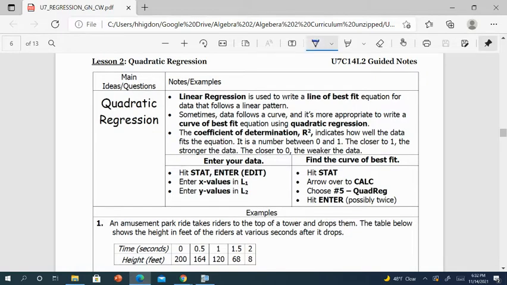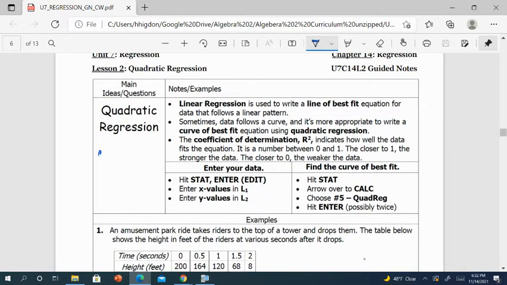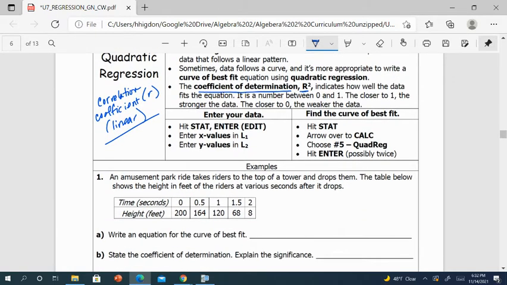So the correlation coefficient, which is just plain R, is linear in nature. But the coefficient of determination is the r squared the calculator is going to spit out. The r squared we use for any curves of regression, so anything that has a curve in it: quadratic, cubic, quartic, exponential, things like that.